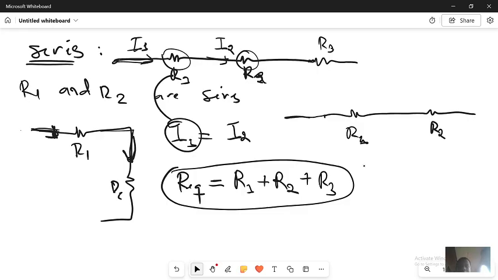As we saw before, if an open circuit occurs, it means that all lamps or all resistors will not be on. How? Let's say for example I have this one.